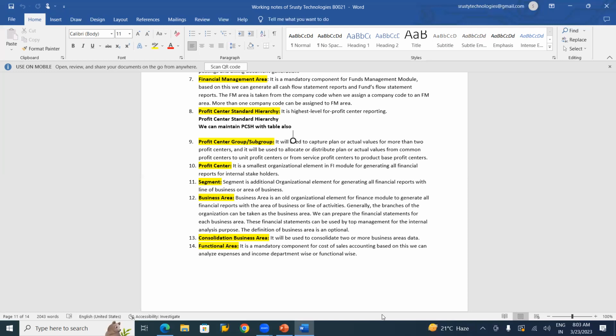Business area is an old organizational element for the finance module to generate all financial reports with the area of business or line of activities.